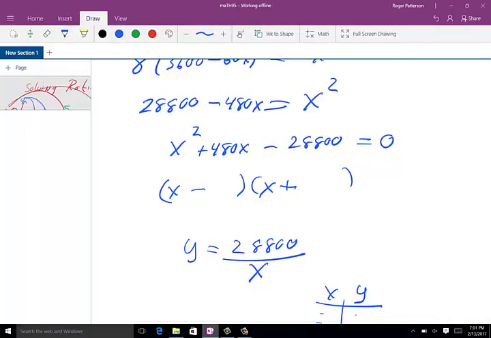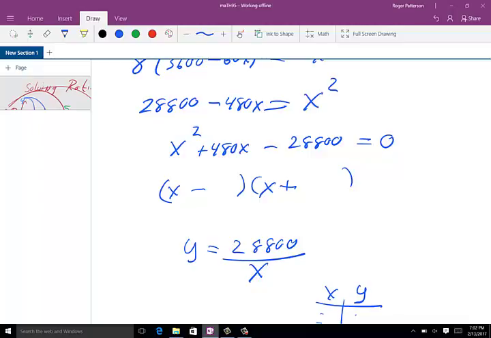Well, I want to graph it then. I'll go back to this. Let's see. X squared minus 480x. Oh, that's a minus, it's a plus.